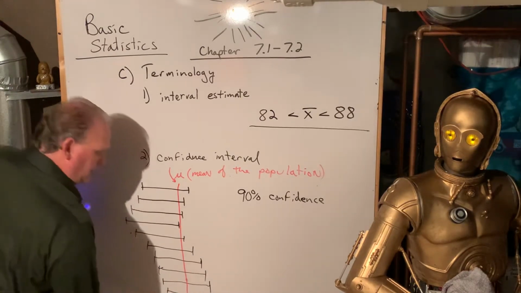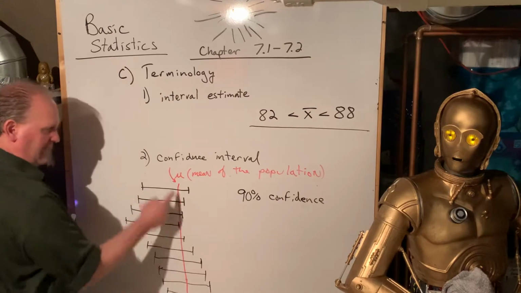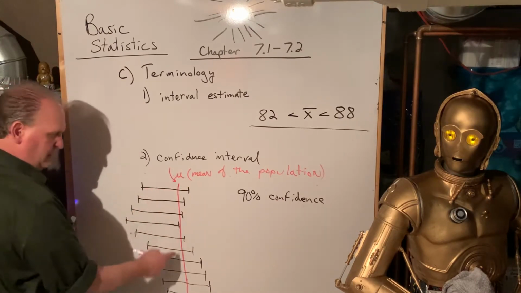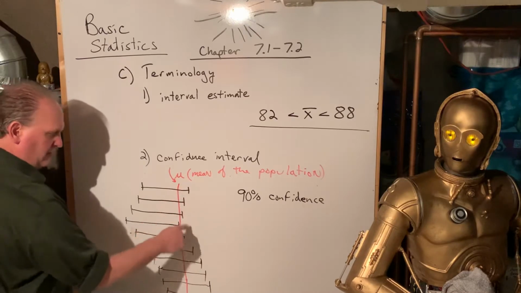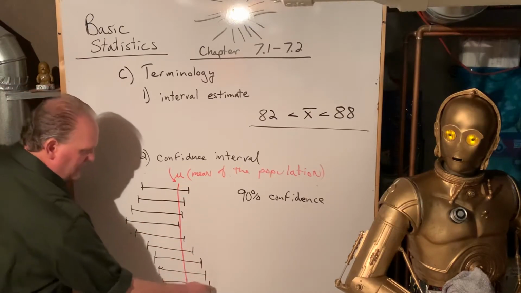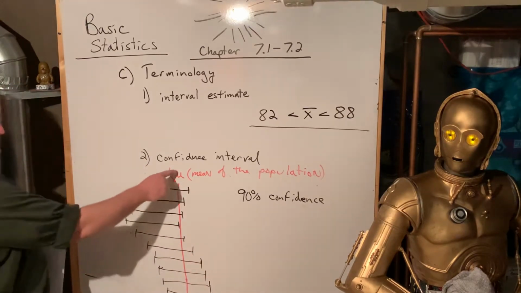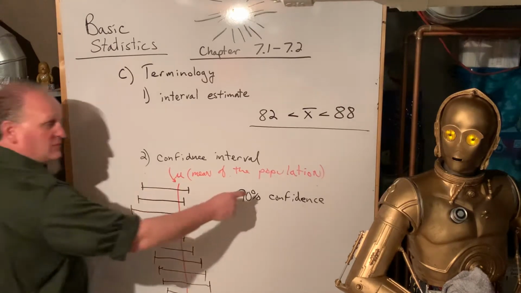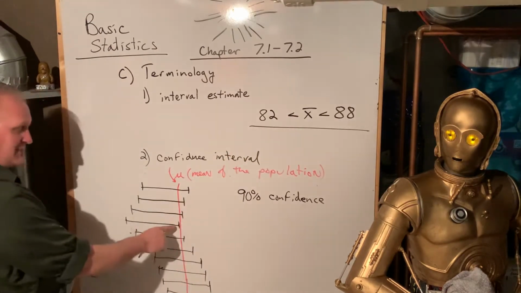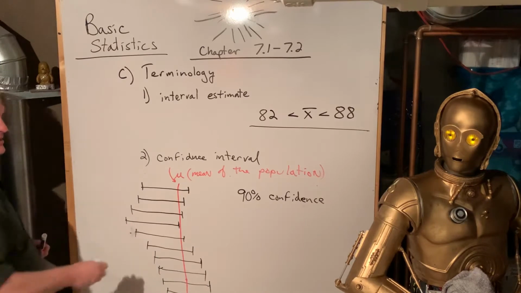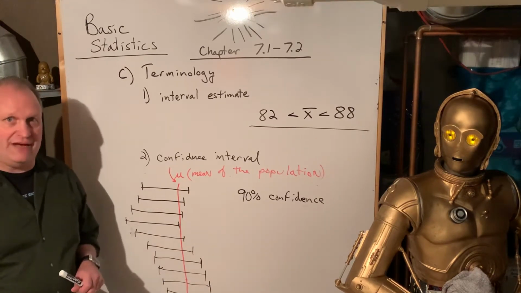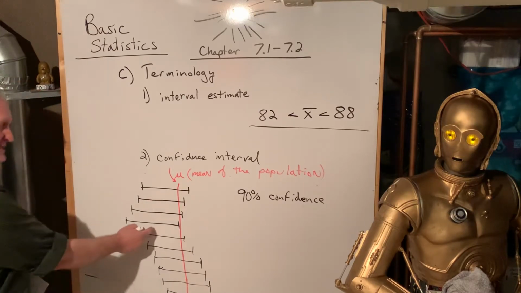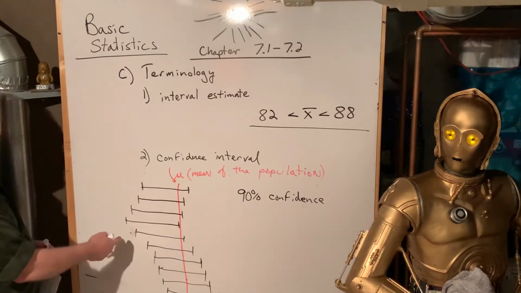So look, this interval captured the mean, this interval captured the mean, this interval captured the mean. 9 of these, 1, 2, 3, 4, 5, 6, 7, 8, 9 of these intervals actually captured the true mean, was within the interval. This one did not. So if we say it's a 90% confidence, we have no guarantee that this isn't the one that we just figured out.